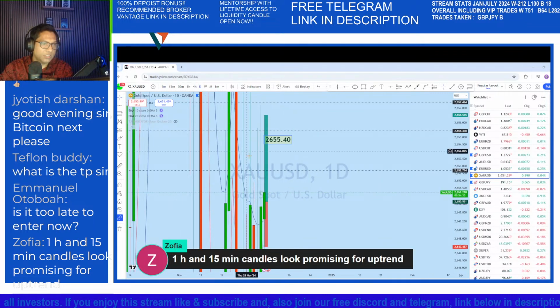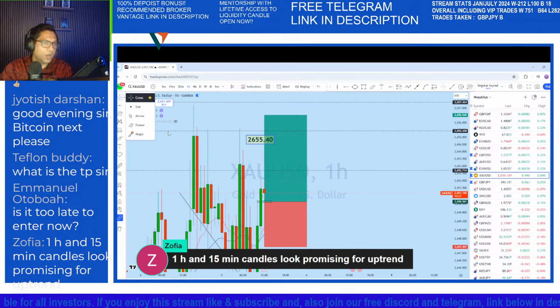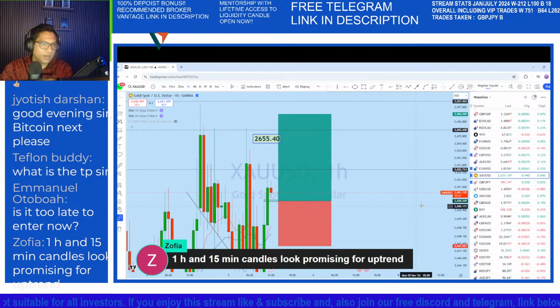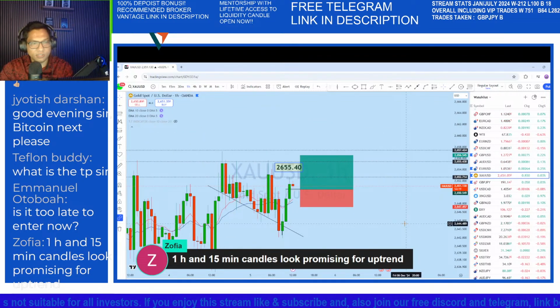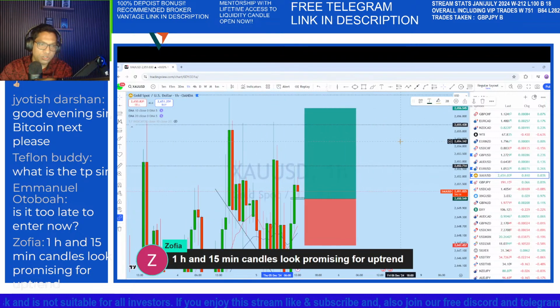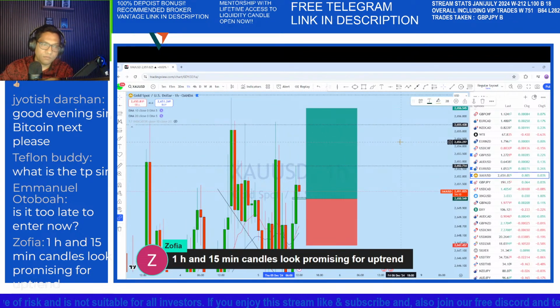Look at the daily, we can see the market, 1 hour also. The 1 hour, yeah, that's true what you said. 1 hour candlestick pattern is so far showing potential bullish move, but it can grab more liquidity.